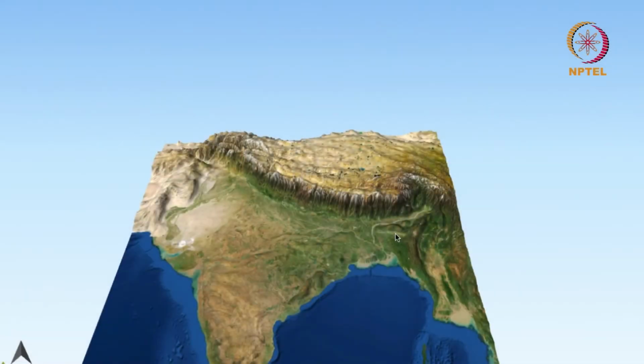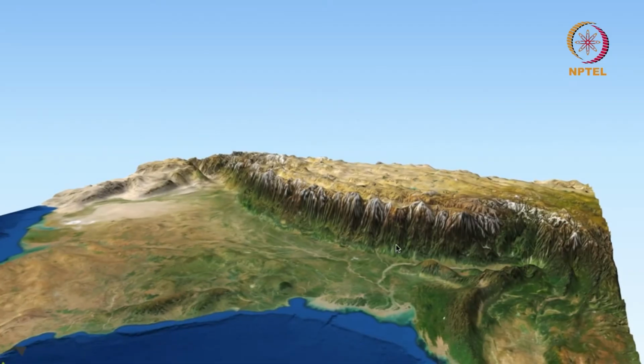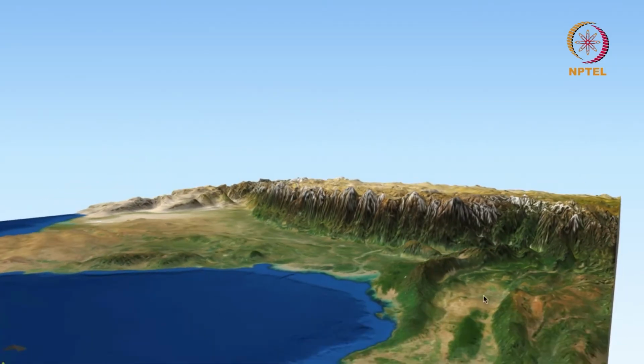If we look at this region in 3D, what we are observing is that you have these Himalayas followed by these northeastern hills. This is the portion that we are talking about now. Here you have the Naga Hills, the Mizo Hills, the Arakan Yoma, and this is your Pegu Yoma.